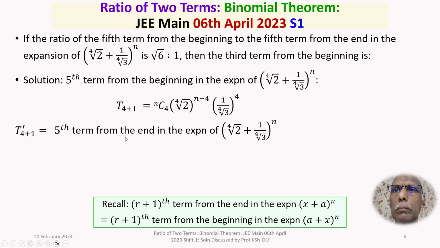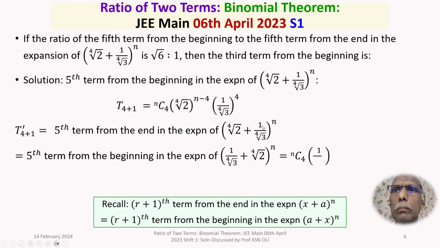So the fifth term from the end is equal to the fifth term from the beginning in the expansion of 1 by fourth root of 3 plus fourth root of 2 to the power of n. Agreed? And that will be equal to nC4 into 1 by fourth root of 3 to the power of n minus 4 multiplied by the fourth root of 2 to the power of 4.